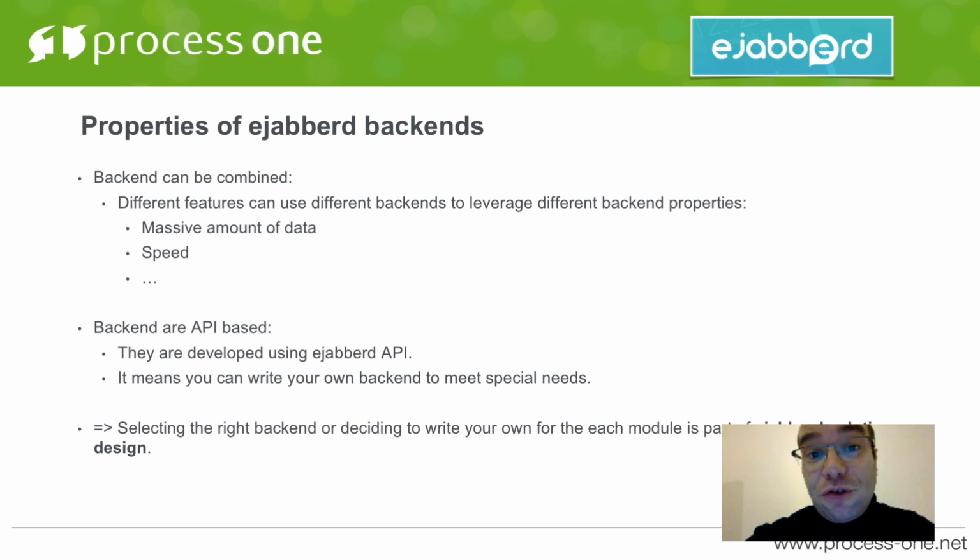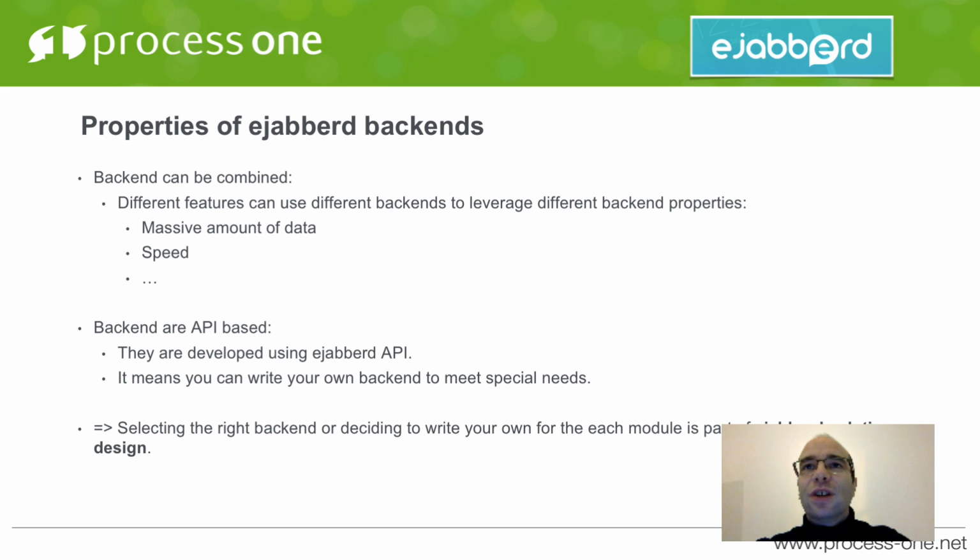That's it for the big picture and the overview. As a summary, the property of ejabberd backend means that you can build very flexible systems. Backends can be combined, so you can use different backends to leverage different backend properties. If you have a massive amount of data, for example, for message archive, you may want to leverage Bash or Riak backend.